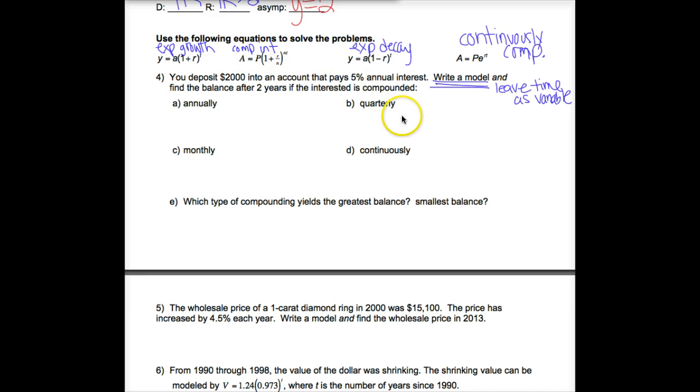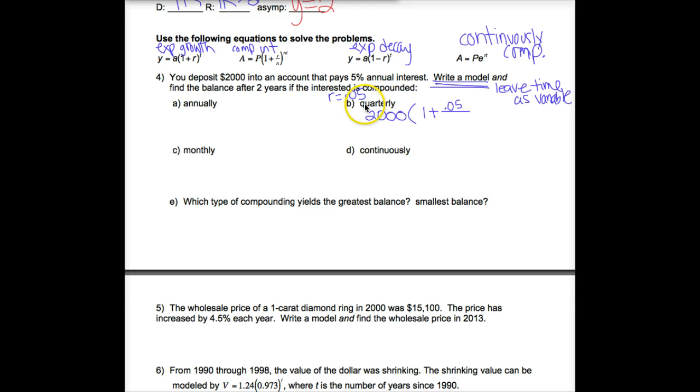P stands for the principal, how much I put in. So that's 2,000. 1 plus R is the interest rate as a decimal. 5% as a decimal is 0.05. So 0.05 over N. Again, you can look back at your notes. If you don't know what these variables stand for, you need to study them.